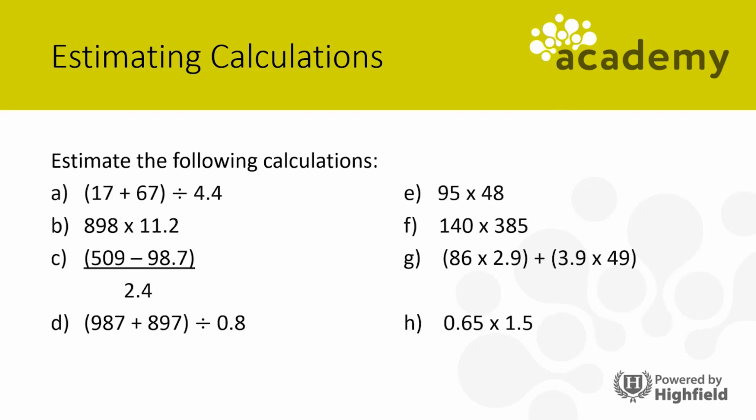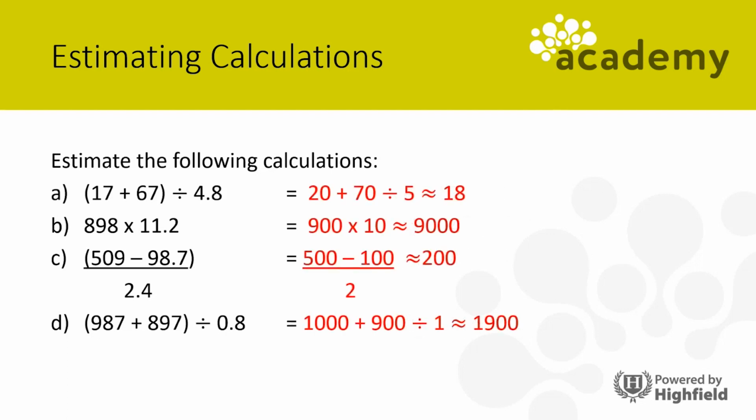Estimate the following calculations. Here's a list of different calculations, and on the next 2 slides, we are going to examine the answers through estimation. So A, 17 plus 67 divided by 4.8 can be estimated as 20 plus 70 divided by 5, which is approximately equal to 18. B, 898 times 11.2 can be estimated as 900 times 10, which is approximately equal to 9,000.